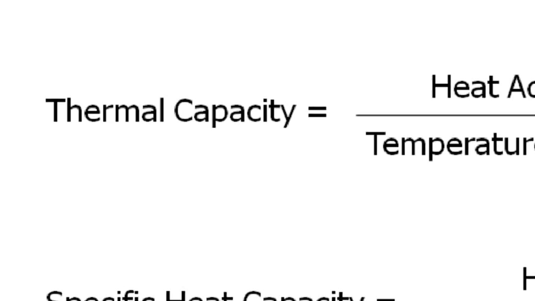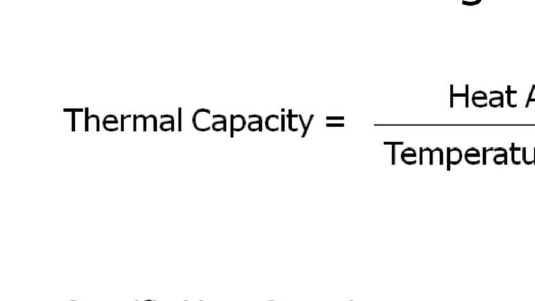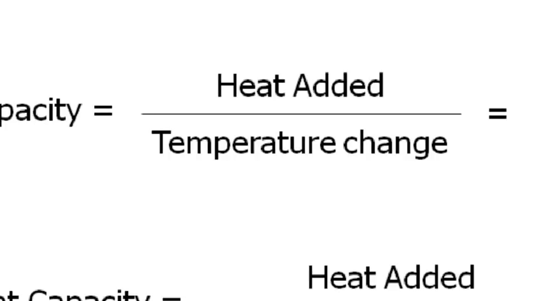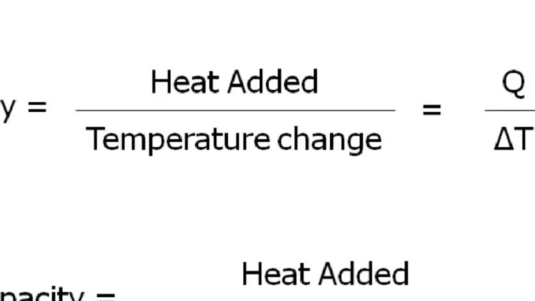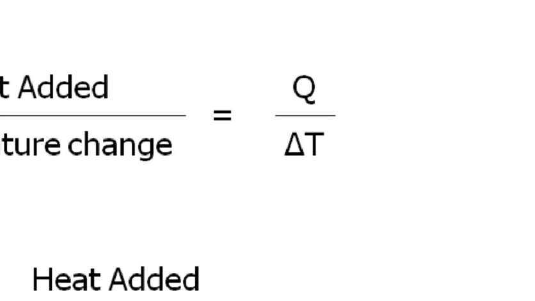So thermal capacity, we said, is the one that depends on the size of the object. The only two things we're concerned with are the heat added and the change in temperature. So you take the amount of heat added in joules and you divide by the change in temperature, either in kelvins or degrees Celsius. Usually we'll use degrees Celsius. And this is what you get in symbols. Q, capital Q, is what we use to represent heat energy in joules.